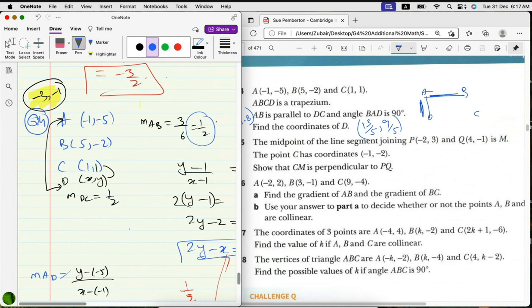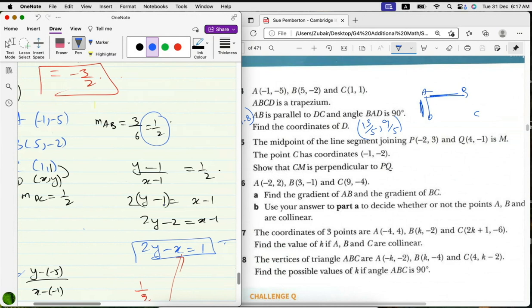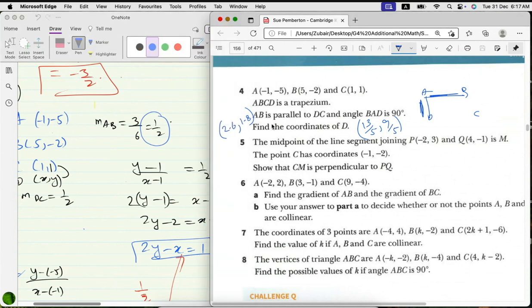And DC, y2 minus y1, x2 minus x1. They are parallel, we just equate them. Y minus 1 over 2y minus 2 is equal to x minus 1. This equation is correct.